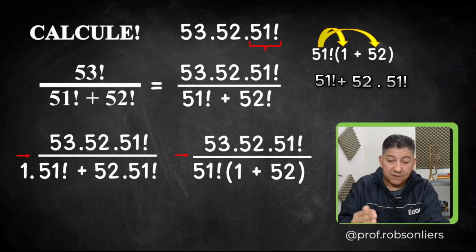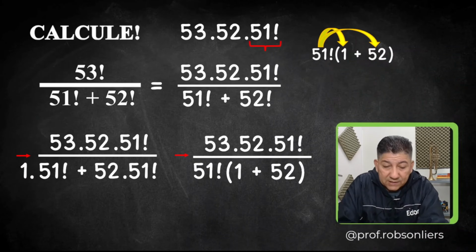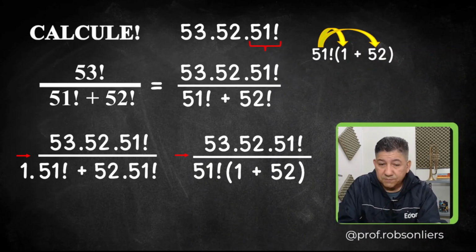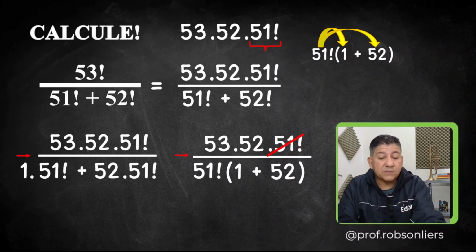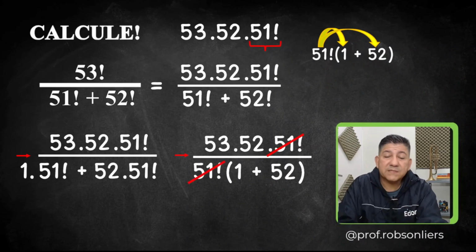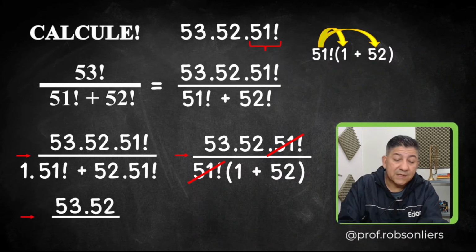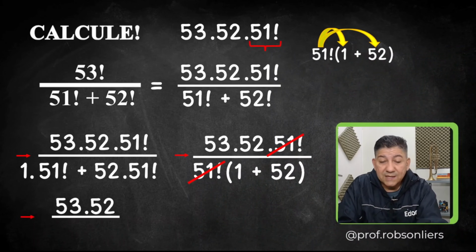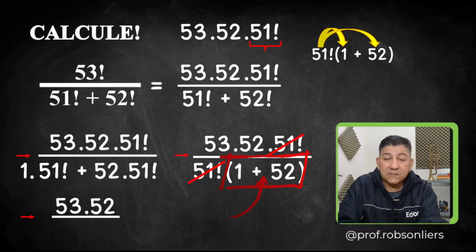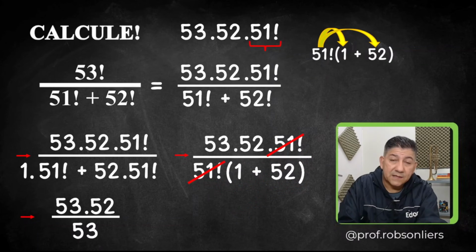We factored out 51 factorial, okay? Now we have a multiplication. Because 51 factorial is multiplied by 1 plus 52. We can simplify the 51 factorial on top with the 51 factorial on the bottom. What's left on top? We're left with 53 times 52, and what's left on the bottom? 1 plus 52. 1 plus 52 is nothing more than 53.